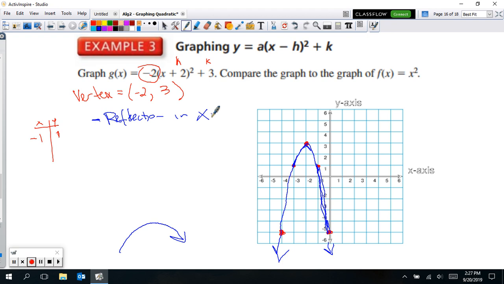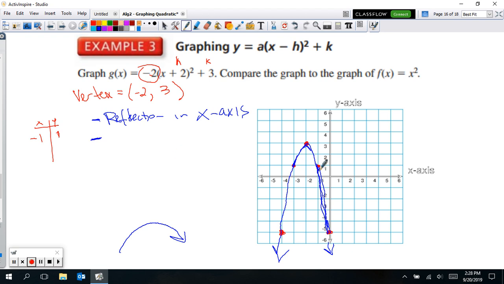That's a vertical reflection. When would it be the y-axis? Well, that's when the negative would be on the inside where x is. It flips left, right, but you'd see a negative on the inside where x is. Right now, our negative is out in front, it's outside, so it's going to be a vertical flip, flipping vertically like this.